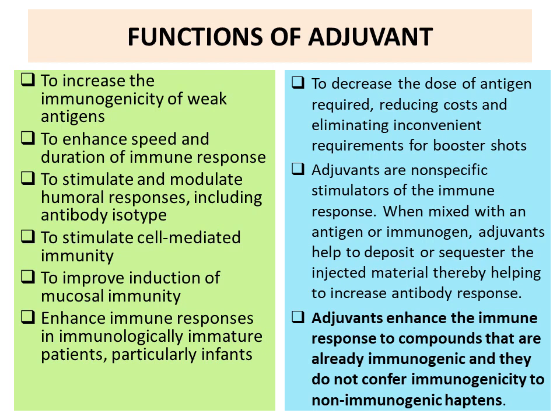Adjuvants enhance the immune response to compounds that are already immunogenic, and they do not confer immunogenicity to non-immunogenic haptens. So if adjuvants are added to haptens, they will not lead to an immunogenic response to the hapten. They only enhance the immunogenicity, not create the immunogenicity. This is very important.